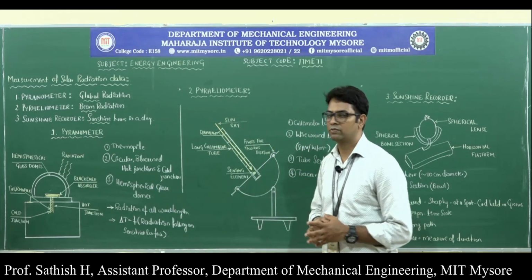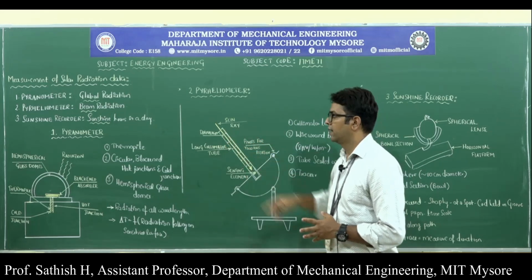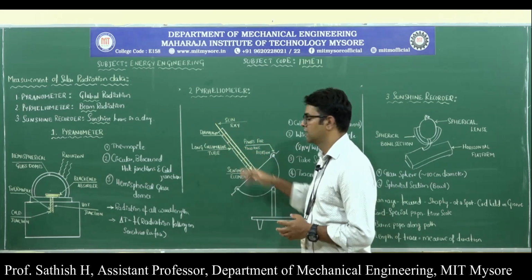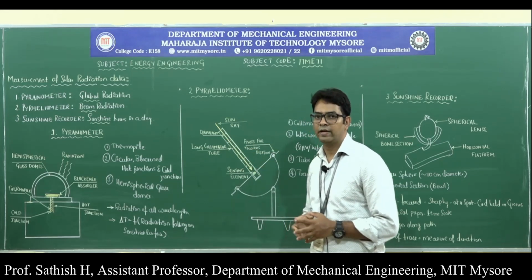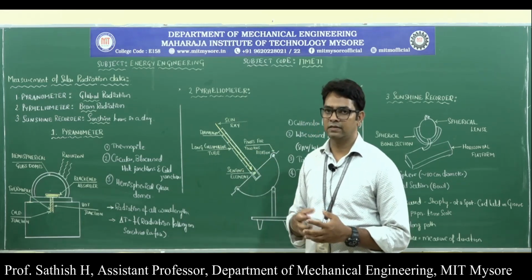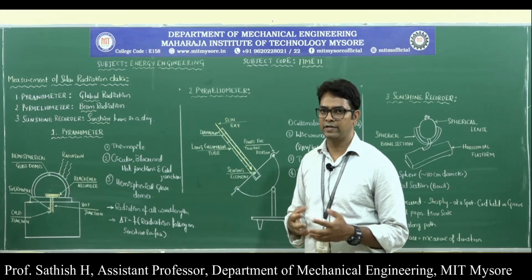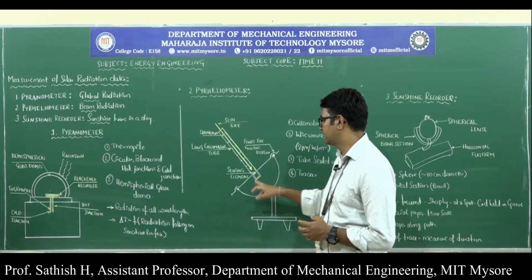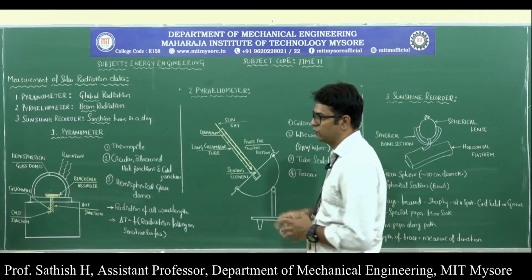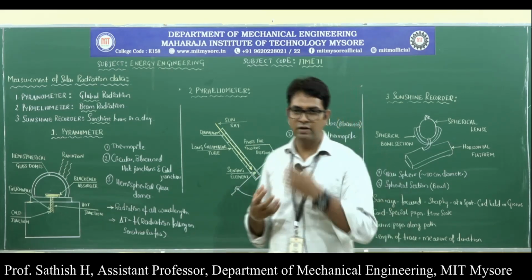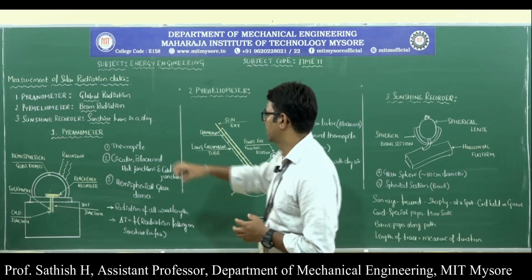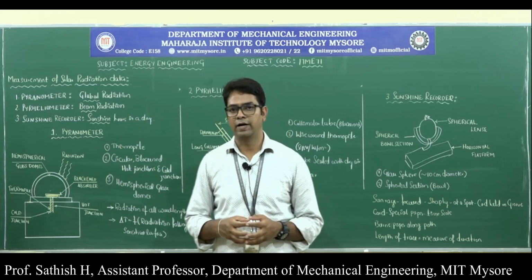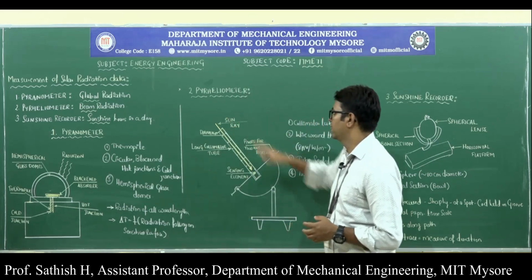Coming to the working principle, a narrow beam of radiation enters the tube, which is painted or blackened inside, and it is absorbed by the sensing element, that is a wire wound thermocouple. That measures the beam radiation. That is how the pyrheliometer works.